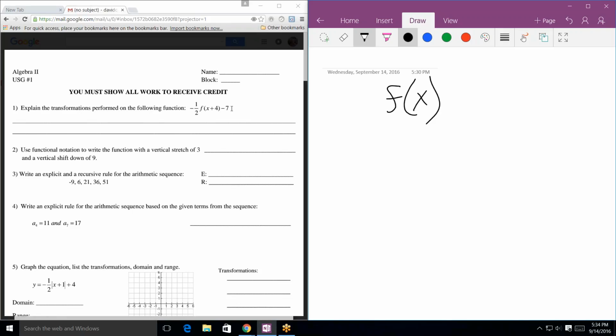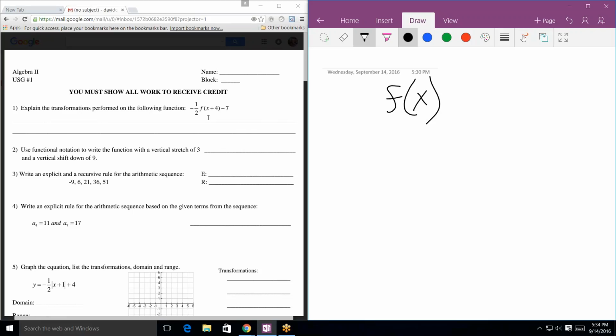I think you probably went from right to left just because you know what the minus 7 and the plus 4 are doing. What is the minus 1/2 doing? Isn't that a reflection? Well, the minus is a reflection over which axis? Would it be the x? Correct? And what's the 1/2 doing?